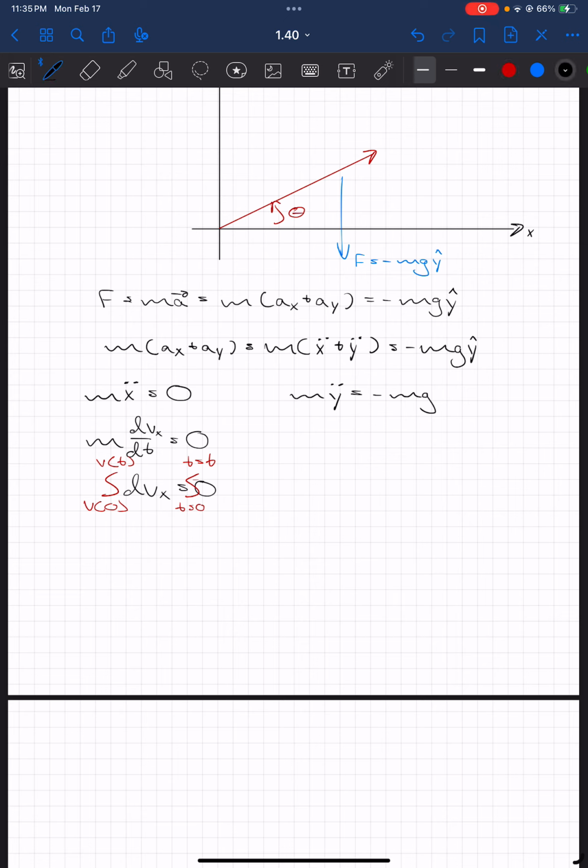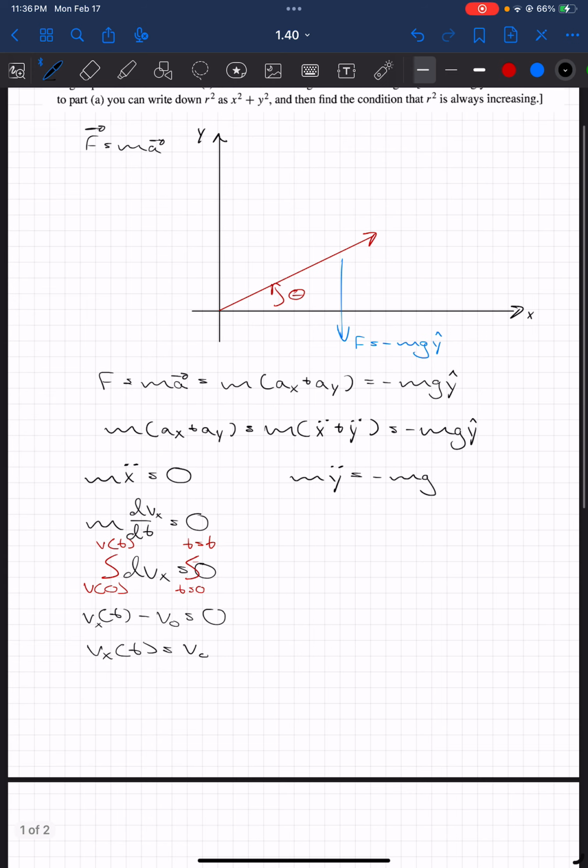So once we do this integration, we get v of t in the x-axis direction minus v naught is equal to 0, which when getting vx of t by itself, we find that it's equal to v naught.